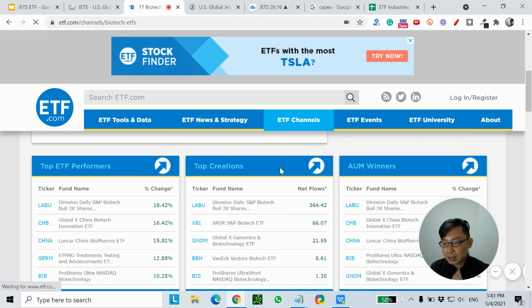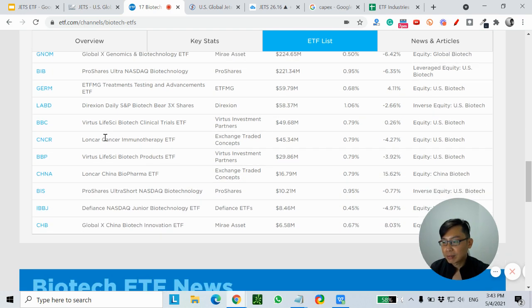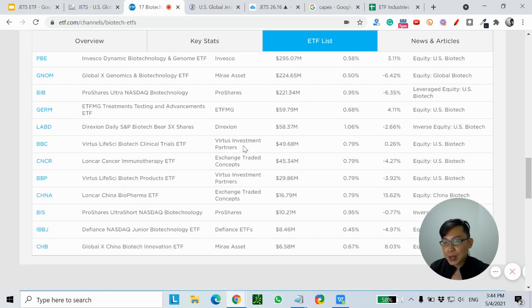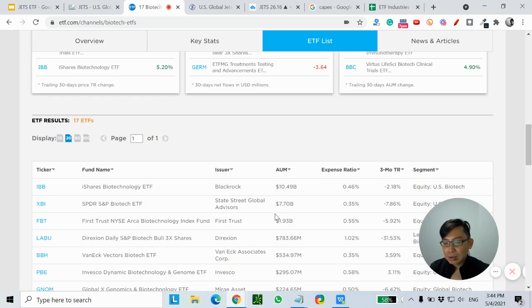Inside this list, you realize that there are a lot of ETFs, and for many of them the AUM, the assets under management, is very small or they are very new. For example, all these have AUM of less than 100 million, which is pretty small, so I wouldn't recommend that. Basically, you just have to look at the biggest AUM. So I curated this.